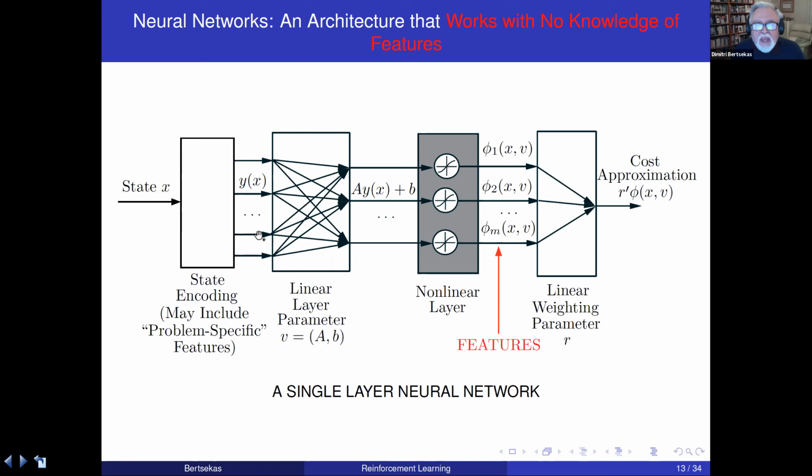We may want to scale y so that it falls within a certain bounded region, like scaling between 1 and -1, for example, so as to facilitate the training process. So there may be problem-specific and also algorithmic issues associated with the construction of this y sub x.